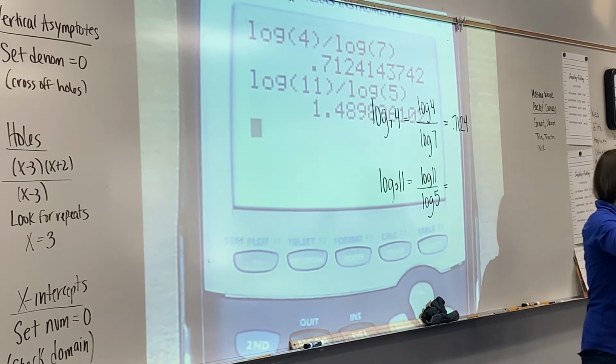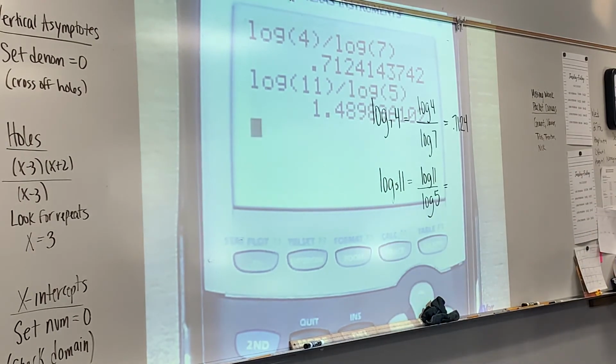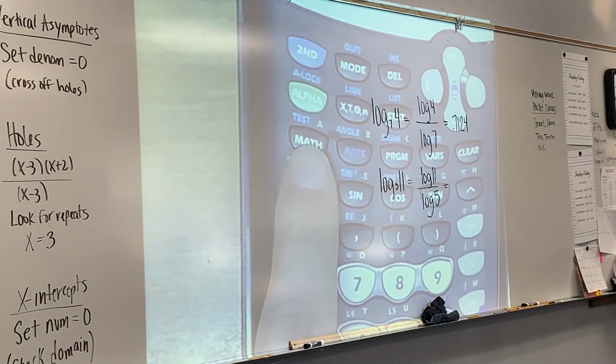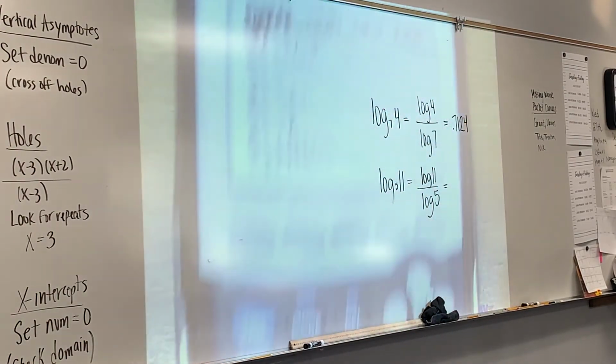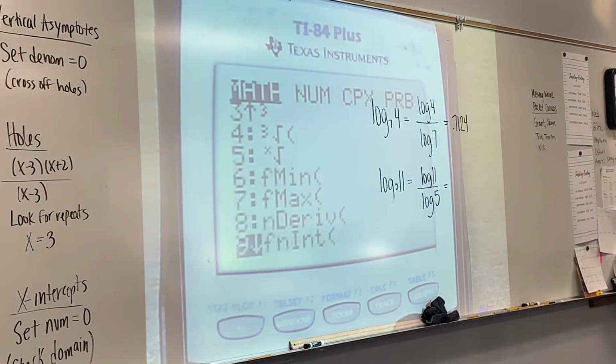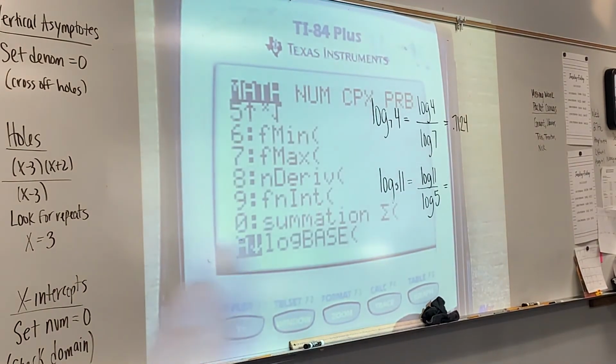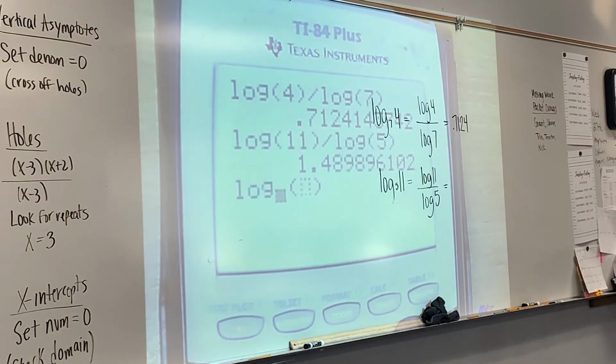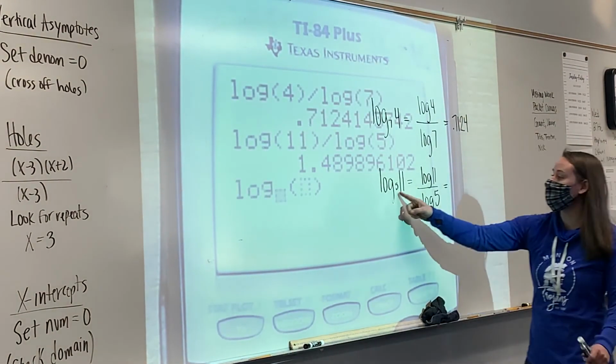Now, how else can you do these problems? Remember, you click on math. So there's 2 ways to do this. You can click on math, so this math button right here. And then you scroll all the way down until you see log base. And I could do the same problem, log base 5 of 11.